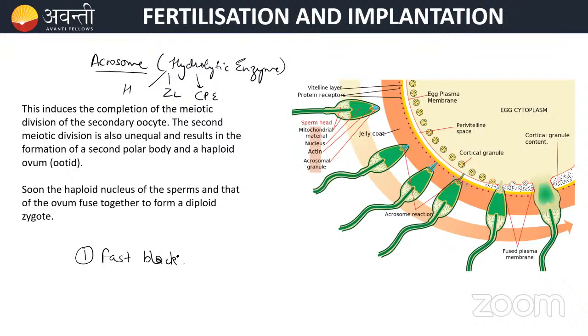Because of this depolarization, the other sperms cannot enter or penetrate into the secondary oocyte. So this block prevents polyspermy. This block is fast, but it is temporary.